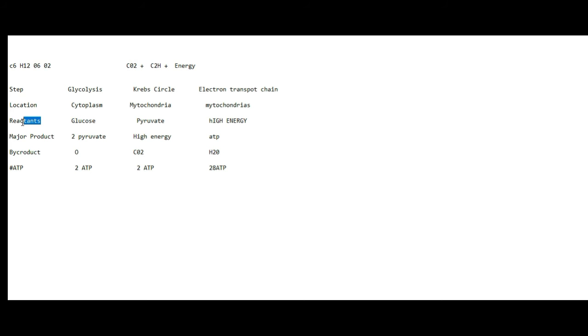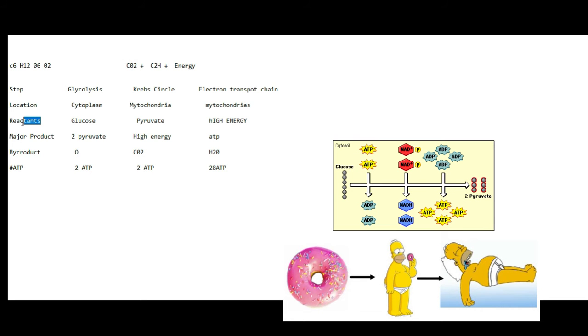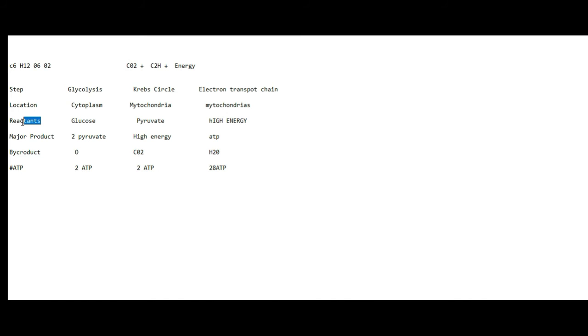So what goes into glycolysis, as you can probably figure out from the name? Glycolysis literally means cleaving or cutting sugar, a split, so we're splitting up the sugar, or more specifically, glucose.